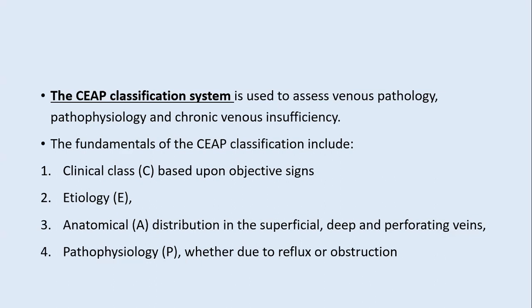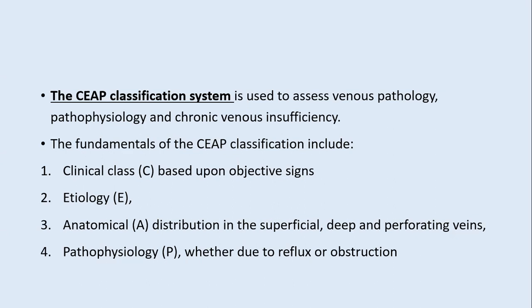The CEAP classification system is used to assess venous pathology, pathophysiology, and chronic venous insufficiency. I have mentioned this classification in my previous lecture on diseases of veins and arteries. The fundamental of CEAP classification is that C stands for the clinical class, which is based on the objective signs.